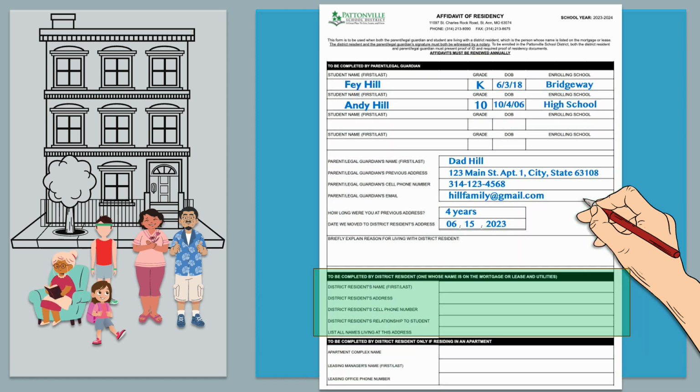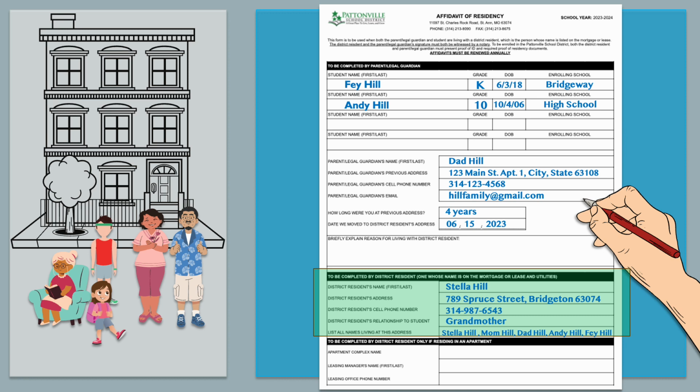The second portion, as written in the black bar, is to be filled out by Grandma, the district resident. The district resident's first and last name, Stella Hill, the district resident's home address, the district resident's cell phone number, the district resident's relationship to the students being enrolled, she is their grandmother.